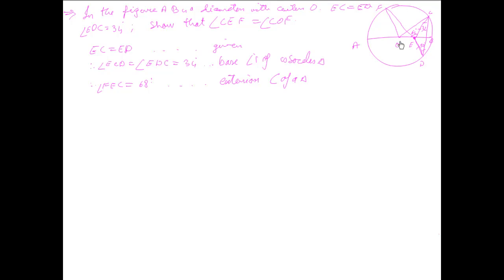And now children, this arc makes the angle at circumference and this at center. So it will be double, children. Therefore children, FOC is equal to 68 degrees. That's twice angle FDC.